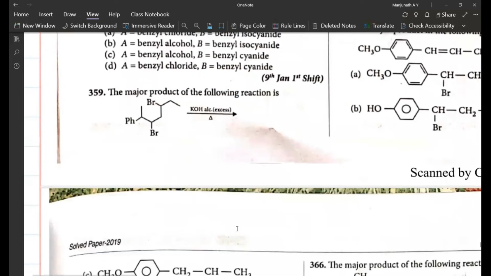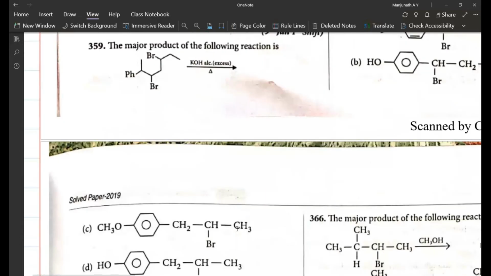Okay, here you see 159 is purely a question on reaction mechanism. Tell me the answer. Sir, option is not shown. Wait, you write the product, na? Why is the option needed?